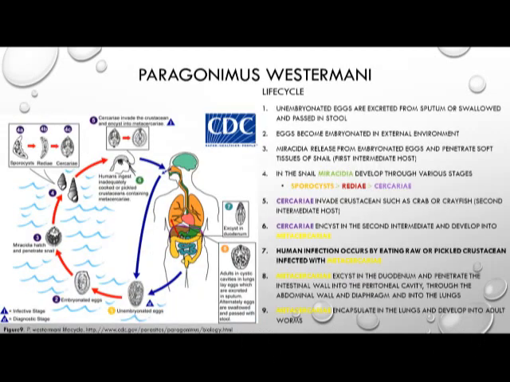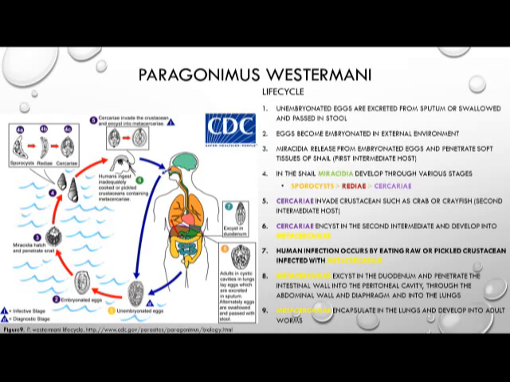The life cycle of Paragonimus westermani begins when the unembryonated egg is excreted from the human host through the sputum or is passed in the stool. Once in the environment, that egg is embryonated, where a miracidia is released and penetrates the first intermediate host, the snail.